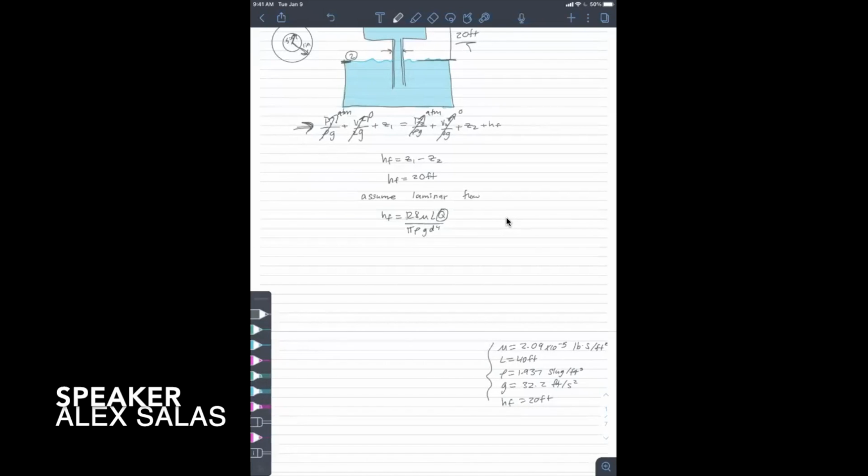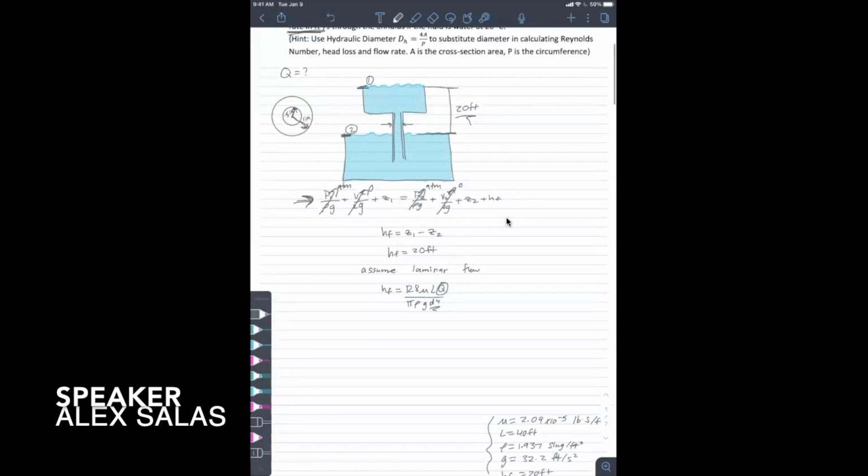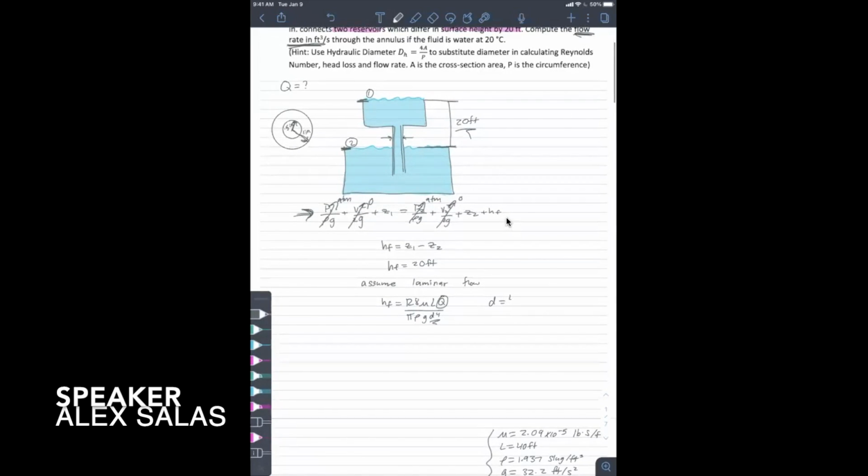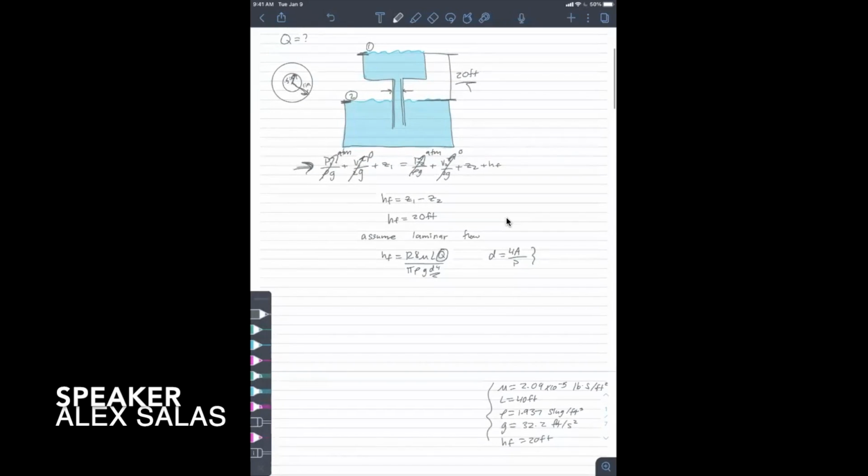And so I'm going to go ahead and do that. First, I need the diameter. And so the diameter of the annulus would be given by 4 times the area over the circumference. This was given in the problem. Area is pi times r outer squared minus r inner squared.